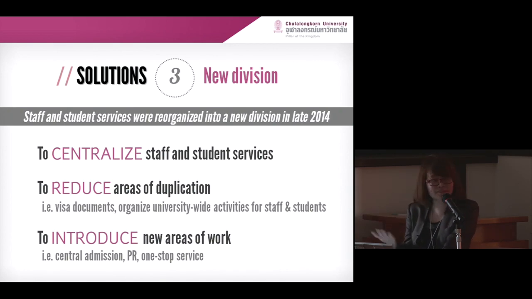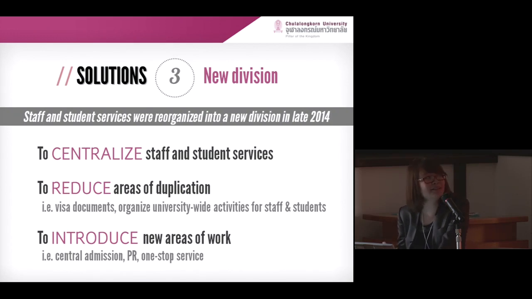Some of the existing services have been reorganized and reshuffled into this division, such as producing documents for applying for and extending visas, and the student and staff ID card, and organizing university-wide activities and gatherings for staff and students across campus.